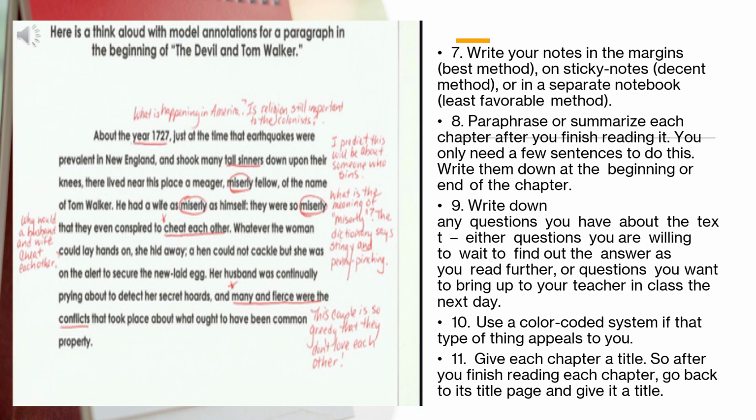You only need a few sentences to do this. Write them down at the beginning or end of the chapter. A good example of this is the poem Ode to the West Wind by Percy Bysshe Shelley, wherein it has how many stanzas, a 14-line stanza, if I'm not mistaken.